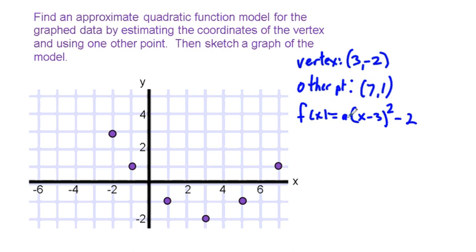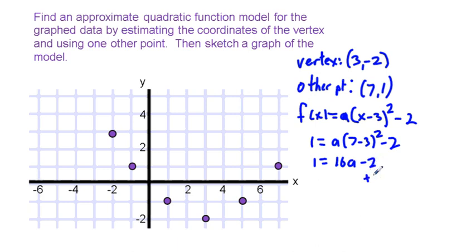We need to figure out what a is. So what we'll do is set 1 equal to a, and we're going to have 7 minus 3 squared minus 2. And so what we have is 7 minus 3 is 4, and 4 squared is 16. So 1 equals 16a minus 2.